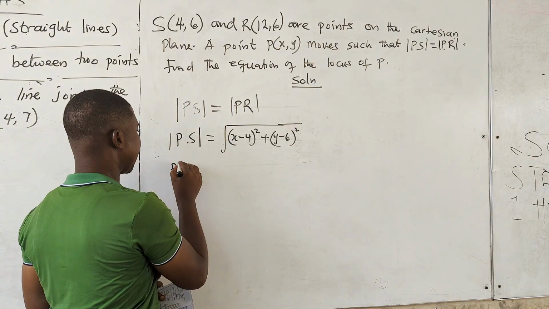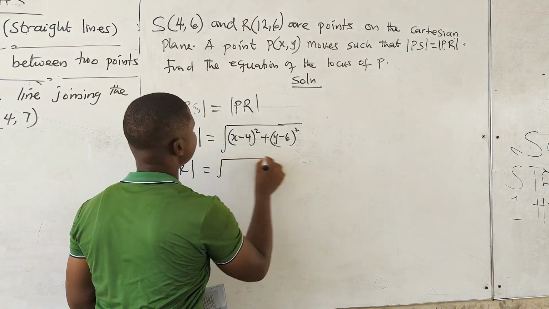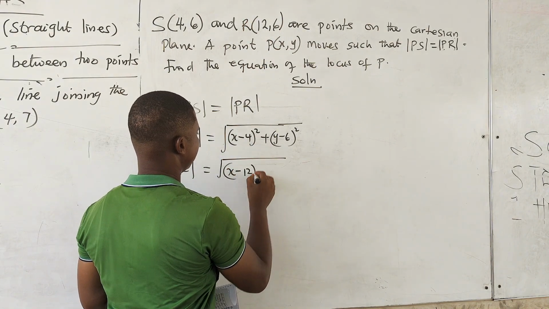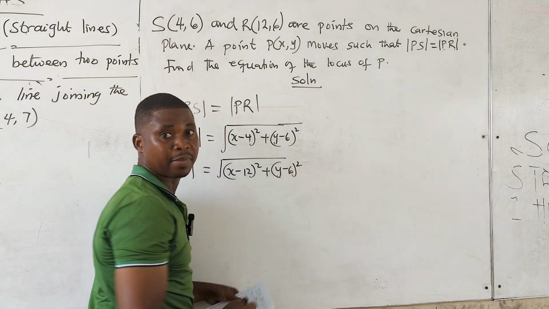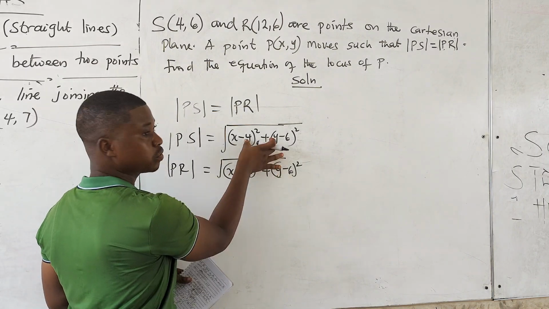Then we have PR. The same way, we pick this one and that: the square root of (x minus 12) all squared plus (y minus 6) all squared. But from the question, they are equal, so you equate this one to that.